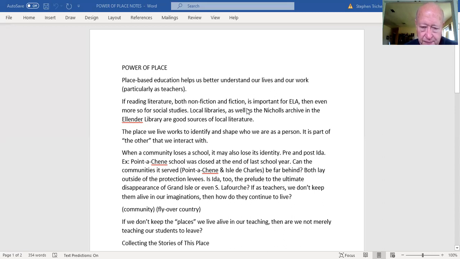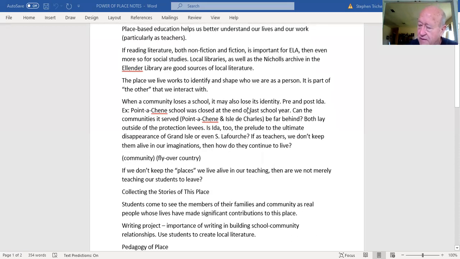Okay, and we also have to think about the community. As you know, I wrote Flyover Country. So if you think about the readings, to whatever degree they talk about places like Nebraska, Iowa, even to some degree Vermont, and I think in the second reading, Michigan. Much of that is now considered flyover country.